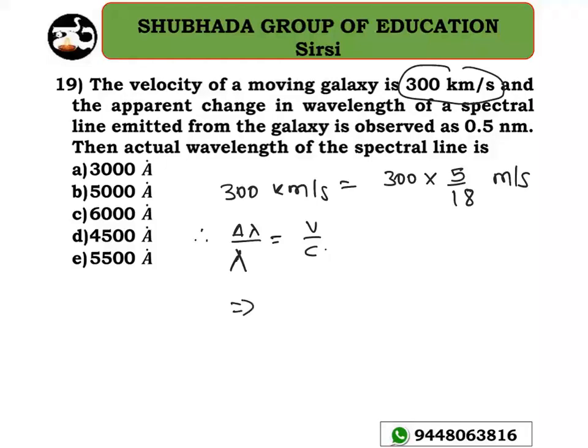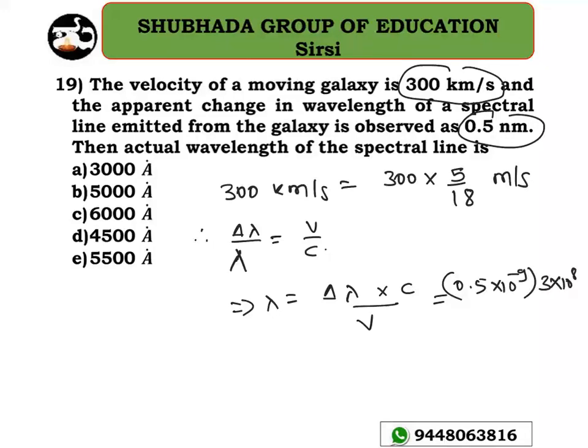So lambda is equal to change in wavelength into speed of light divided by V. The change in wavelength is 0.5 nanometer, 0.5 into 10 to the power of minus 9, into speed of light, 3 into 10 to the power of 8 meter per second, divided by the velocity.